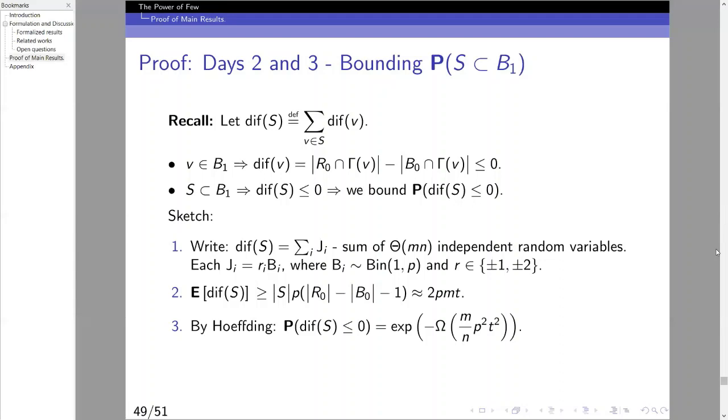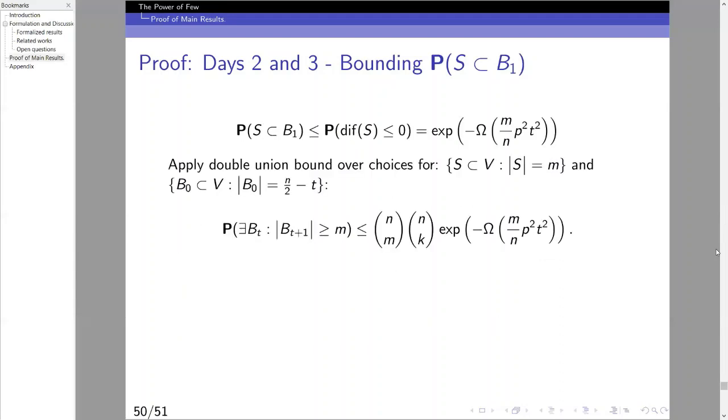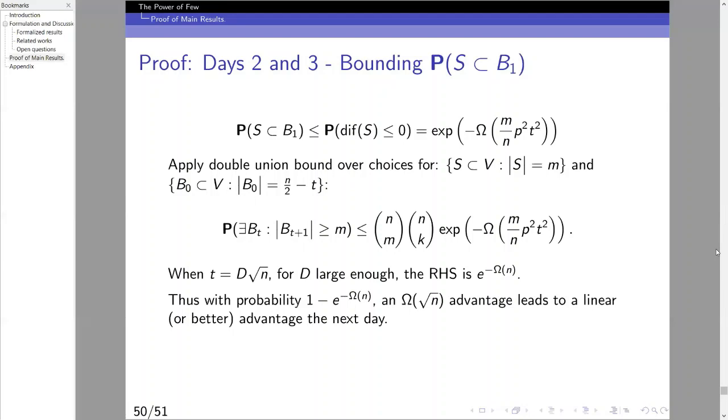We can bound it with an exponential term where the exponent is t squared, with t being some d times square root of n. For d large enough, we can beat the double union bound to get a bound that tends to 0. So almost surely an advantage of square root of n will lead to a big advantage in the next day.